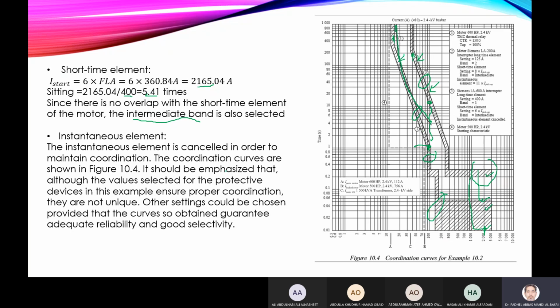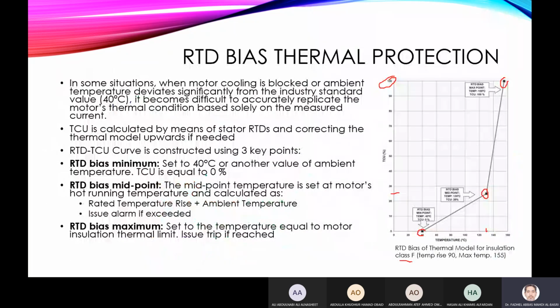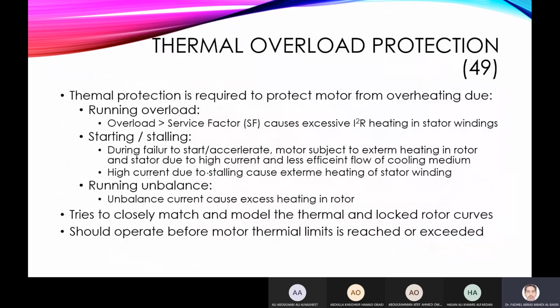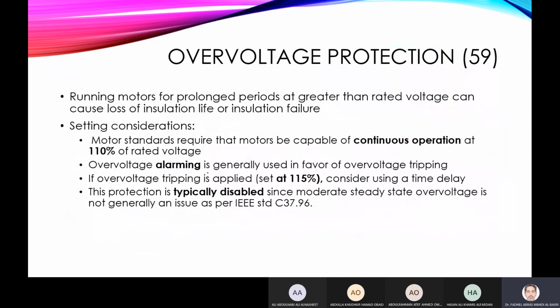And I didn't choose the ground yet. So the ground over current relay is set at, let's say, 40% of the full load settings. Now this is at, let's say, 125 ampere pickup setting. I can choose it at 40% of this, and I can delay it as recommended in the notes for the ground over current relay.